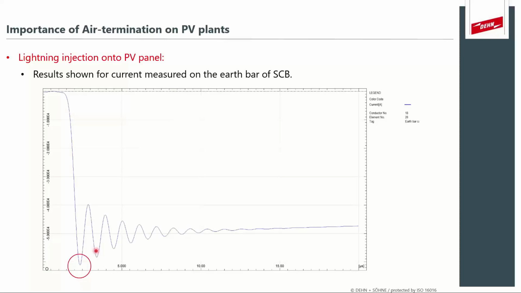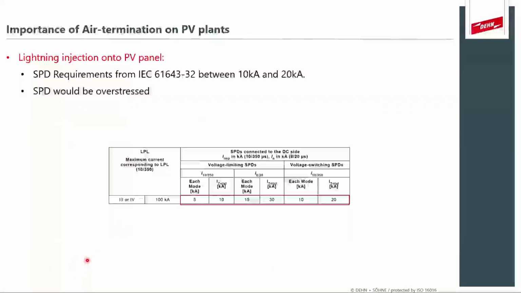There will be other subsequent damage further downstream that can cause you to switch off and isolate a specific block to do maintenance. So you will have loss of revenue and also loss of equipment in this case. So it's very important and very critical to understand that the surge resistors are rated much lower than what you would typically see within this lightning current that we're measuring on the string combiner box earth bar.